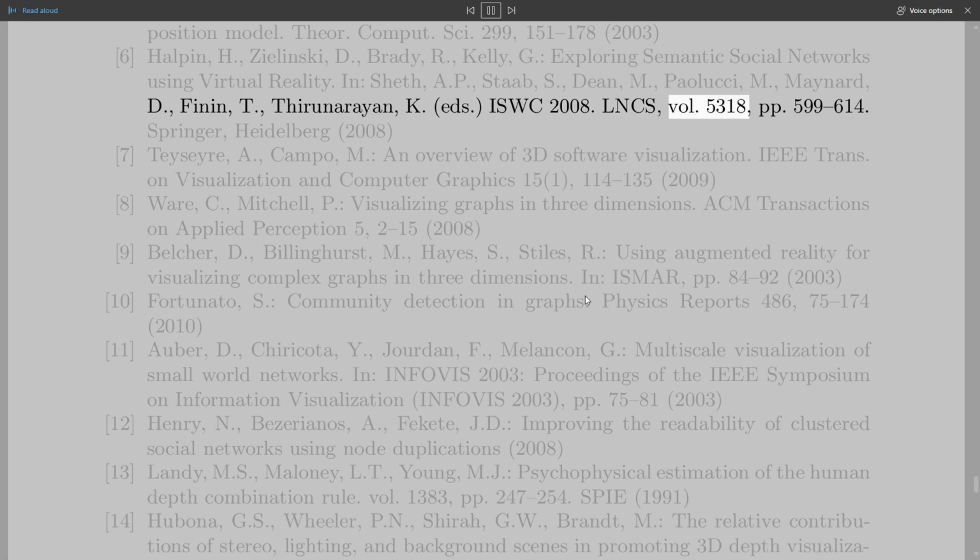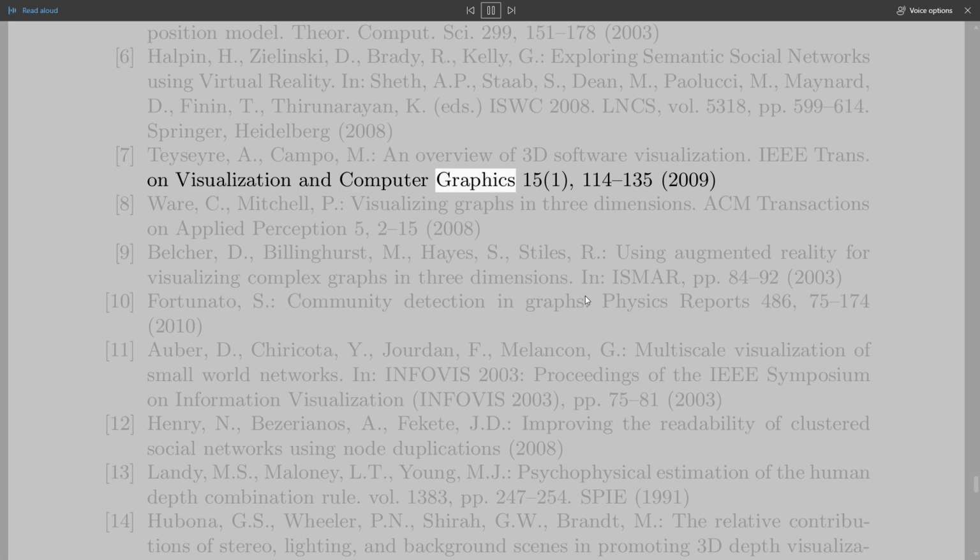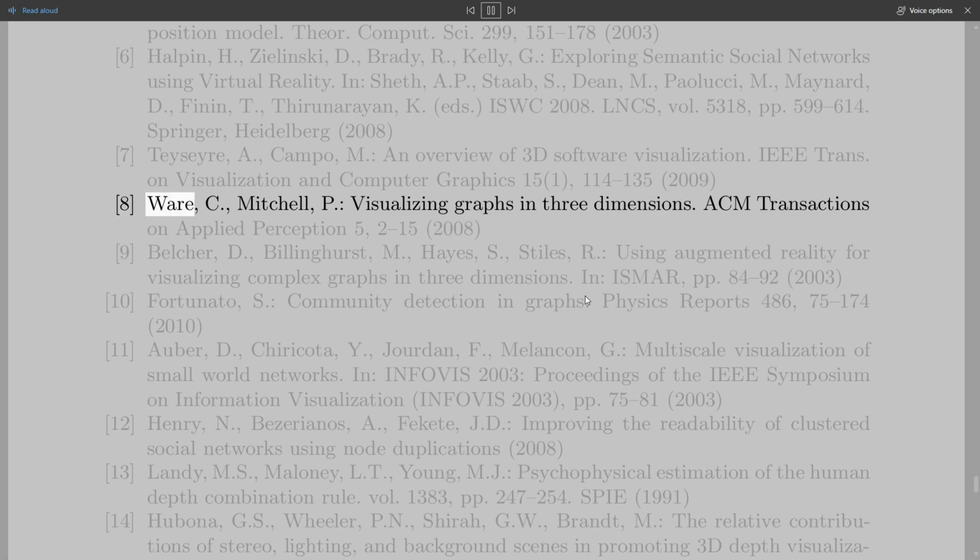LNCS, Volume 5318, pages 599 to 614. Springer, Heidelberg, 2008. 7. Teyseyre, A., Campo, M. An Overview of 3D Software Visualization. IEEE Trans on Visualization and Computer Graphics 15, 1, 114 to 135, 2009.